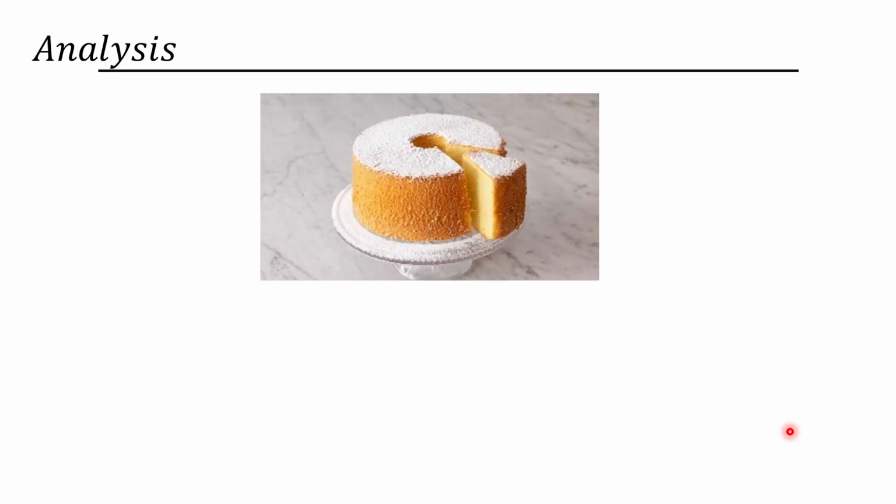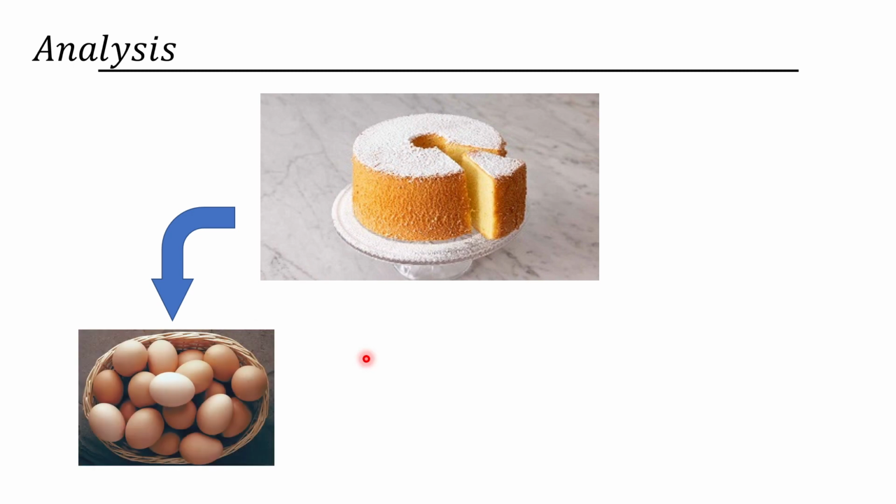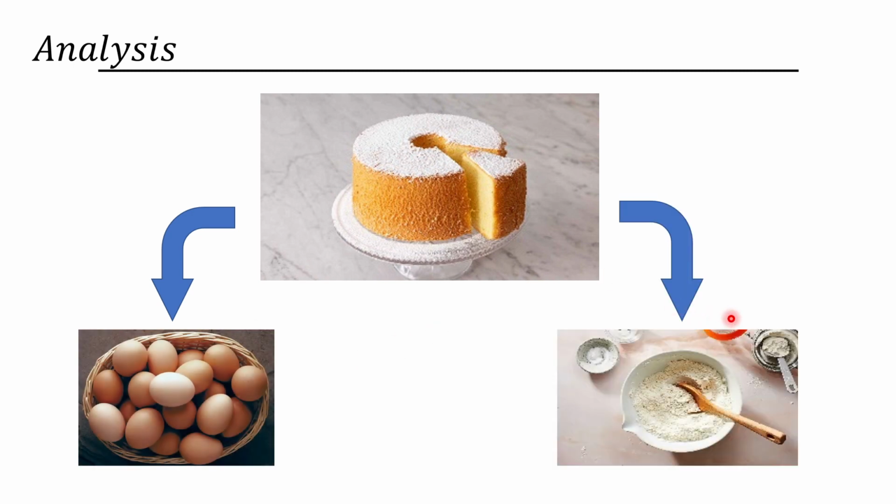So, halimbawa, meron tayong chiffon cake. Okay? Ano ba yung mga two major ingredients ng chiffon cake? Okay? So, for us to produce or makabake tayo ng cake, kailangan natin syempre ng eggs and siyempre naman yung flour. Okay, ang tanong ngayon, ilang flour ba yung kailangan natin at ilang eggs yung kailangan natin?